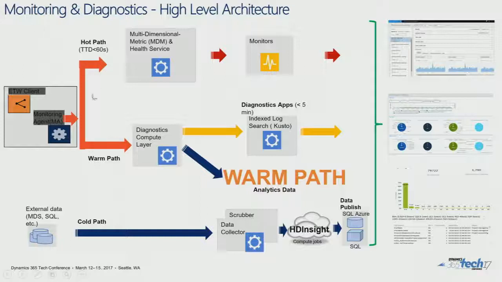Each of these pipelines covers different scenarios, and each scenario has different latency requirements. The one on the top, we call the hot path, and it has the least latency. The data it processes is available within 60 seconds on your LCS pages.